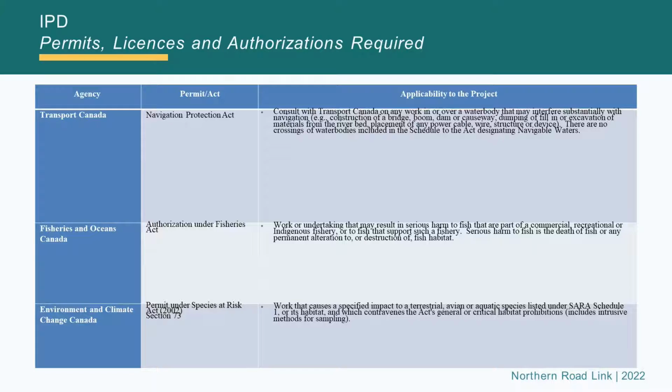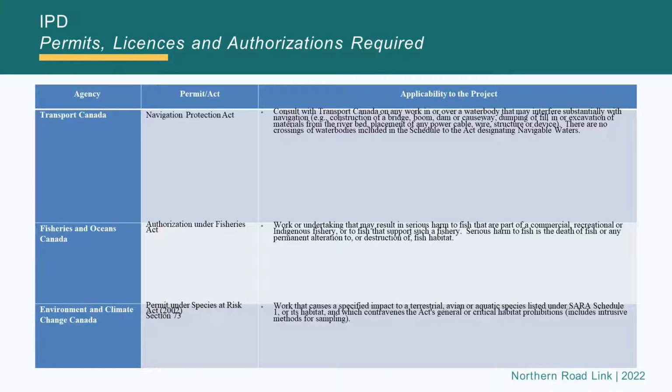In our case, a lot of the work that happens to collect, for example, in this stage, baseline information and data requires permits, licenses, and authorizations at the provincial level. But there are three key agencies with which we need to interact to ensure that we're not impacting any of those features, and to confirm if permits, licenses, and authorizations are required.